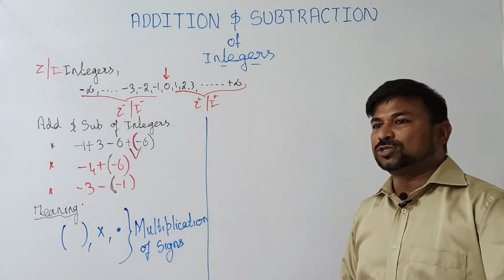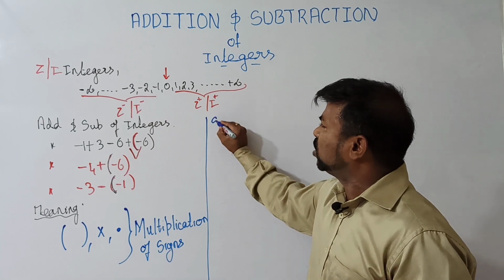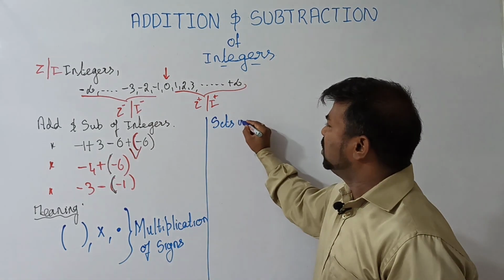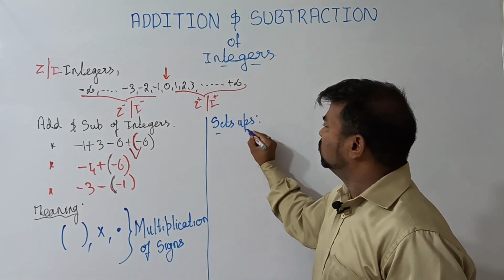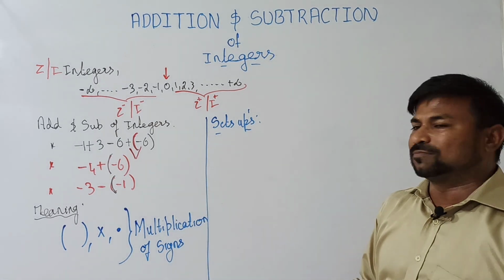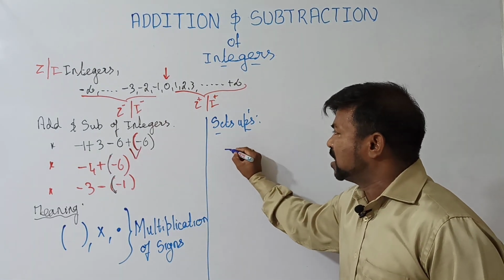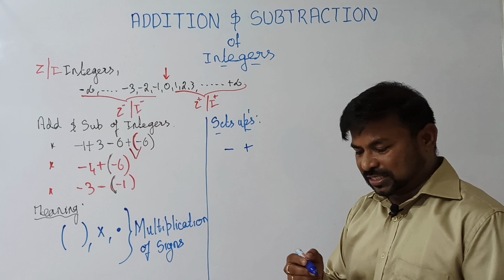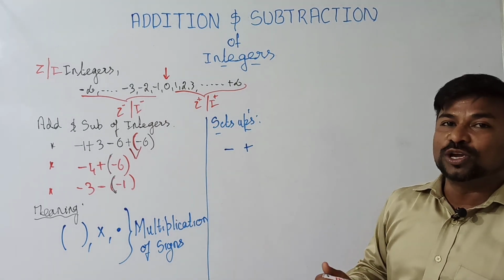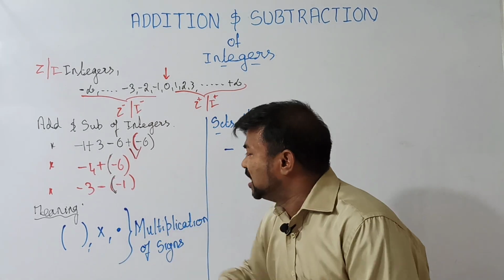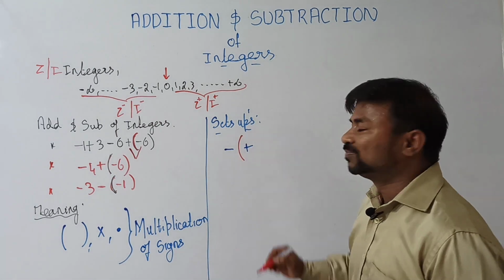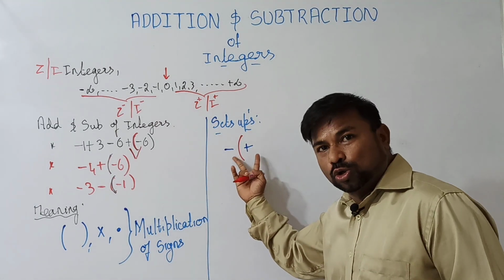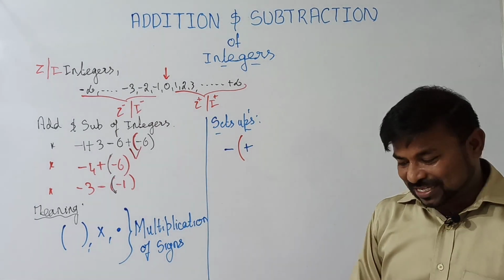What are the things we have in different setups? Just now, what are the different setups? We'll have a setup like this: a minus and a plus, right? It's nothing but, as I said, multiplication.